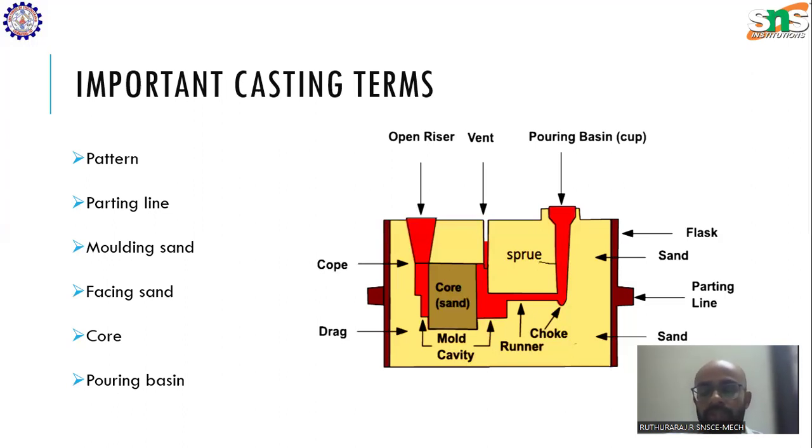If holes are not provided to remove the gases, the gas settles on the surface of the molten metal, and as it solidifies, bubbles will be formed. During solidification, the bubbles will burst and holes will be formed. Such holes are called blowholes, which are casting defects and not preferable. To prevent the formation of blowholes, we provide air vents.